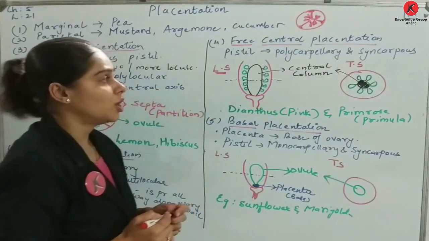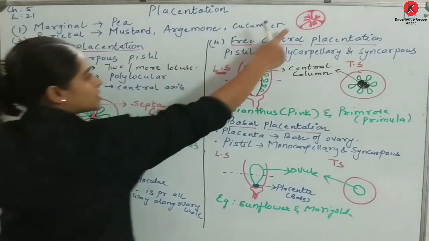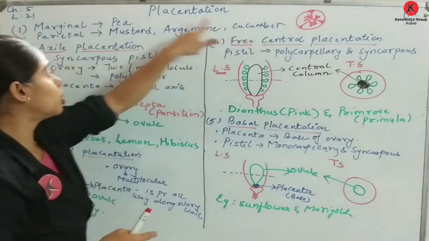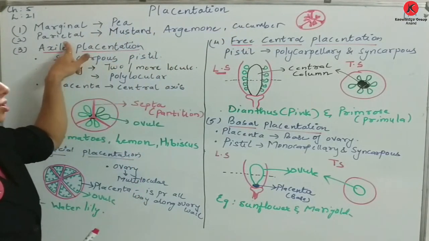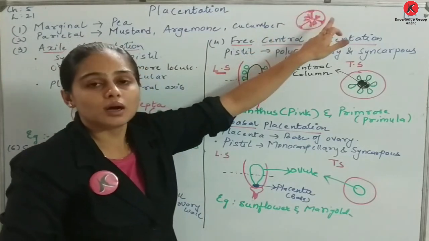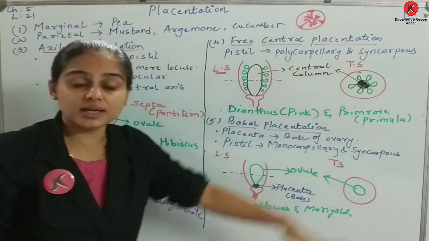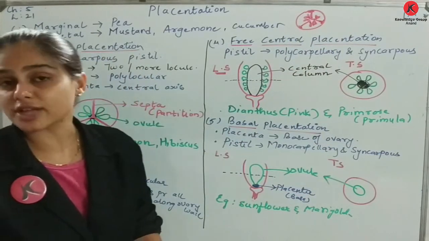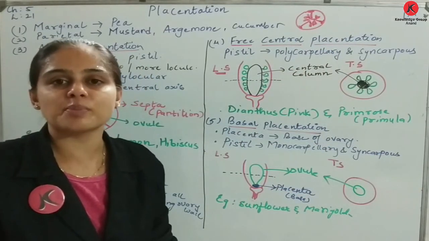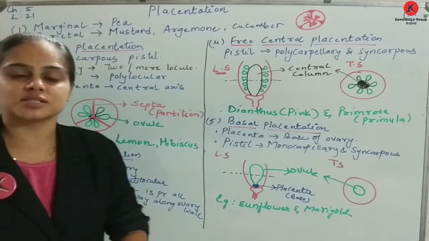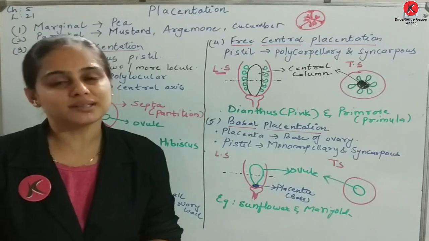Am I clear? So both look the same, yes or no? Yes, but it is your parietal placentation. Yes, it looks like a locular one. It has 1, 2 and 3 compartments, right? But it is a false one. That is not a septum. That is an extension of the placenta. Okay? So dear students, I hope the topic placentation is really very clear to you. Thank you very much.